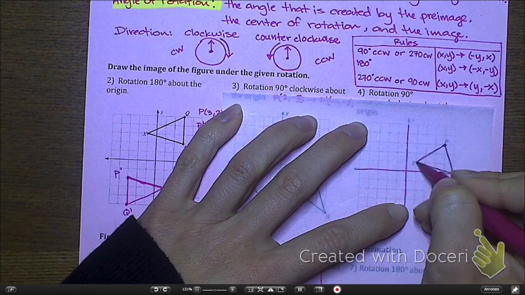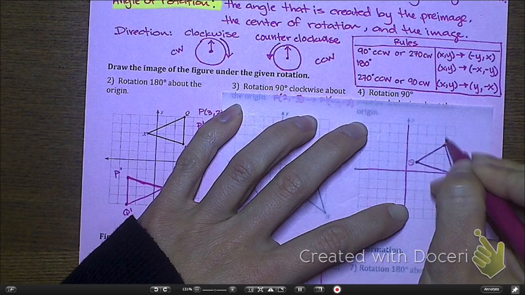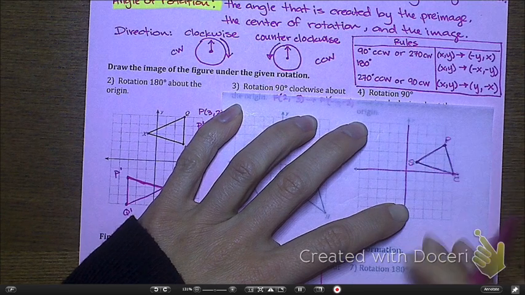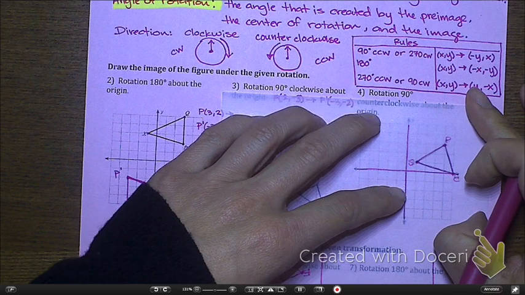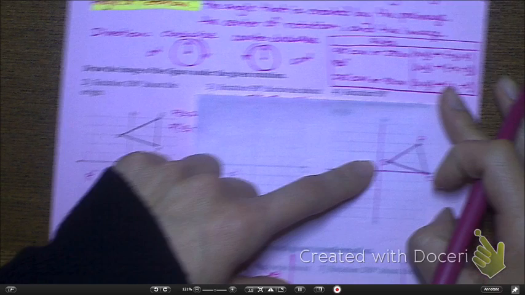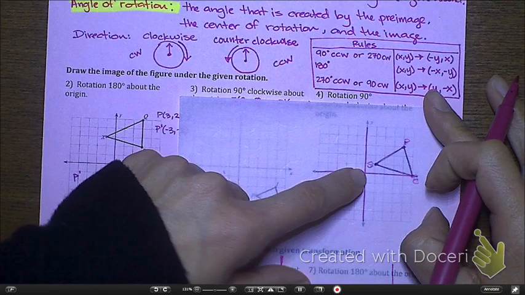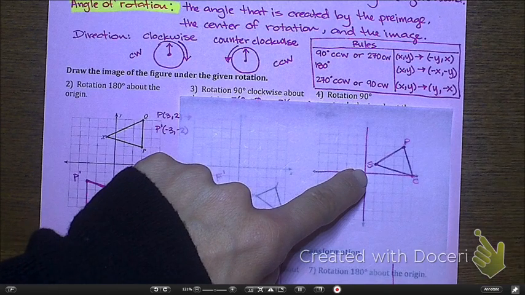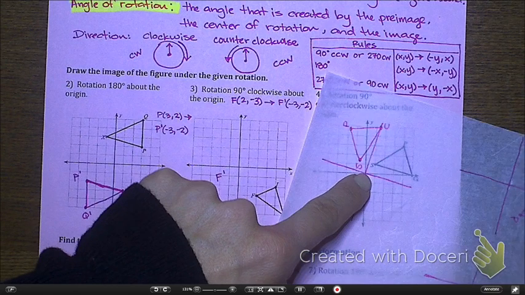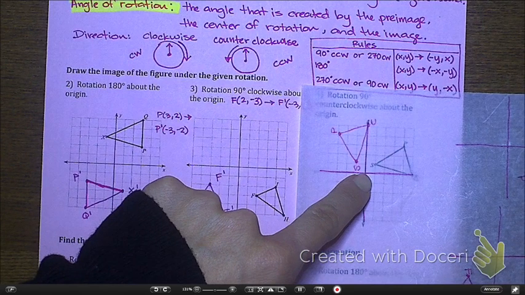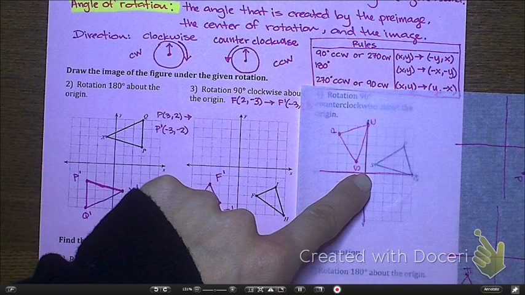Okay, now it's telling me 90 degrees counterclockwise, which would mean backwards of the way that the clock turns. So I'm going to go ahead and spin this image backwards. There it is. That's where it ends up.